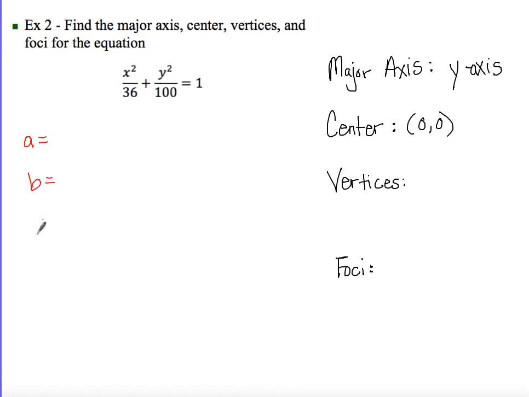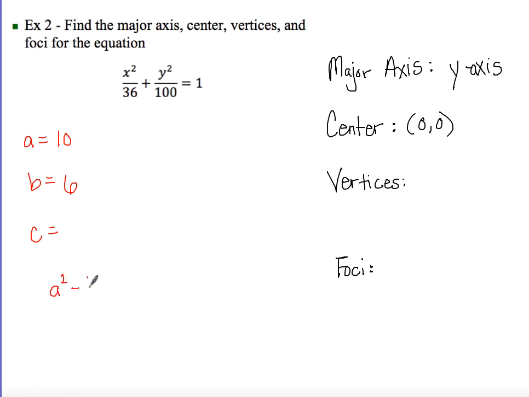We remember that A is the distance from the center to the major axis, and A is the larger number. So I can tell that A squared is 100. Since it's a larger value, that's going to give me A equal to 10. B squared then is the smaller of the two values. That's going to give me B equal to 6. And they didn't tell me C based on the equation, but I certainly can find it.